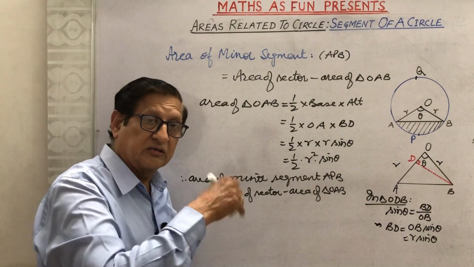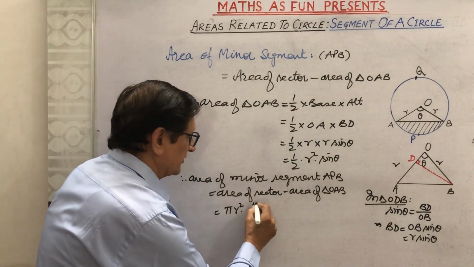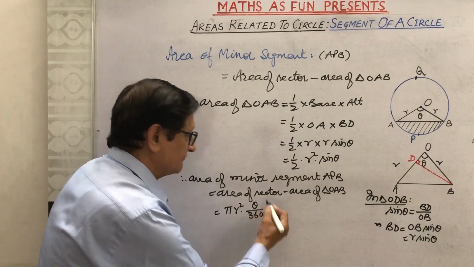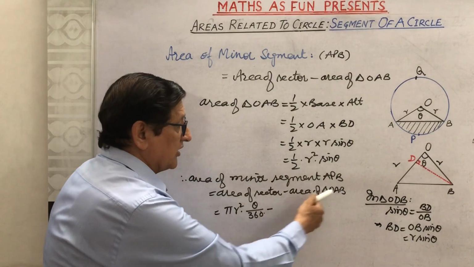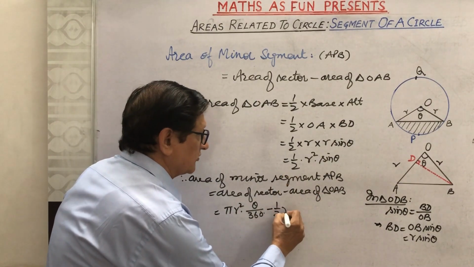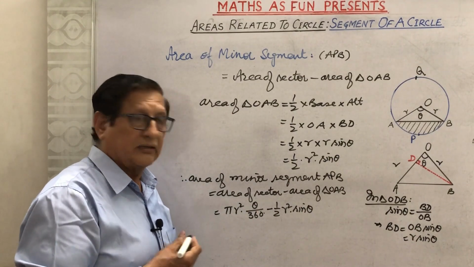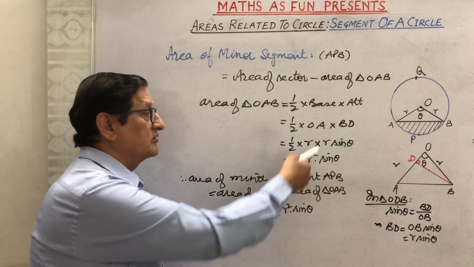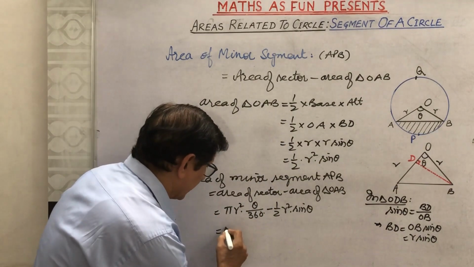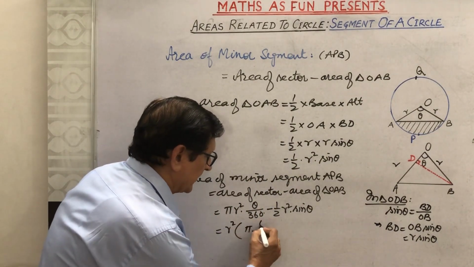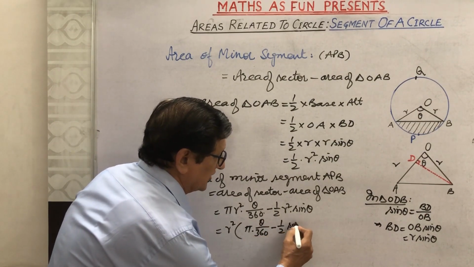The area of sector we learned in the previous video, that is given as pi r square into theta upon 360, minus the area of triangle, half into r square into sine theta. This becomes the formula to find the area of the minor segment. If we take r square as common, this will be r square times pi into theta upon 360 minus half into sine theta.